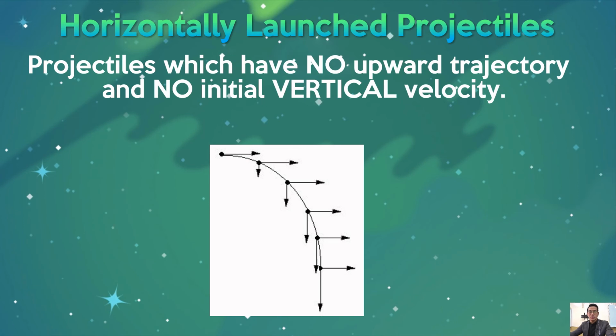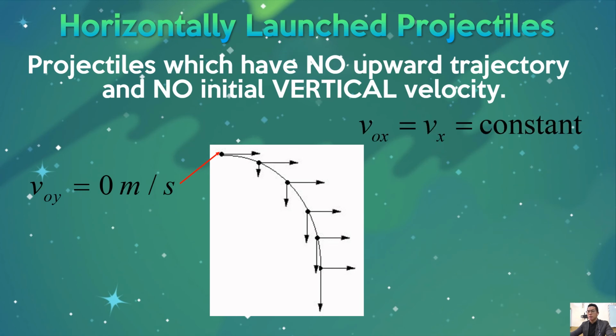As you can see here, it will start with an initial y velocity of 0 meters per second. Meanwhile, its x component would be constant, meaning the value here would still be the same value at the end.